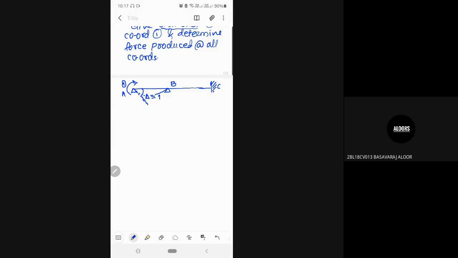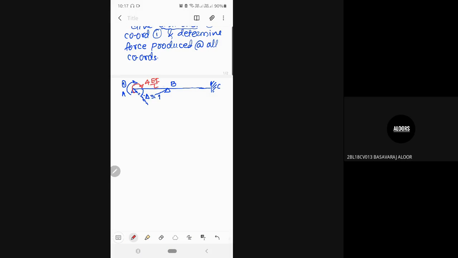Now how much is the force produced when you have unit displacement? You can recall what stiffness was. If you give unit displacement, the force produced is 4 EI by L. You have done it in your moment distribution. So the force produced at A is 4 EI by L, where you are applying.